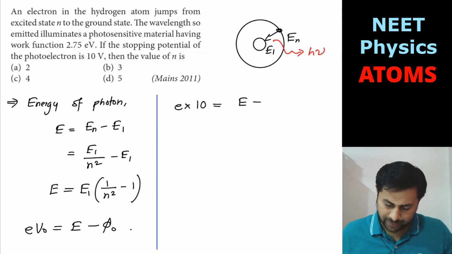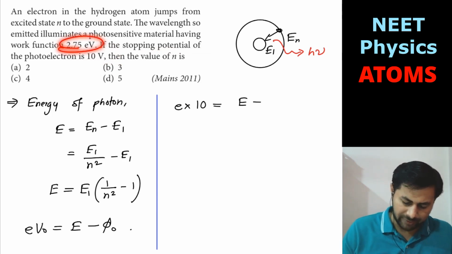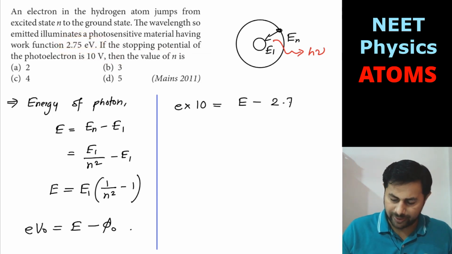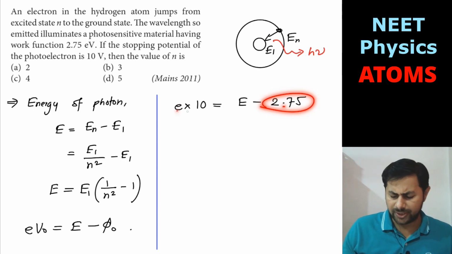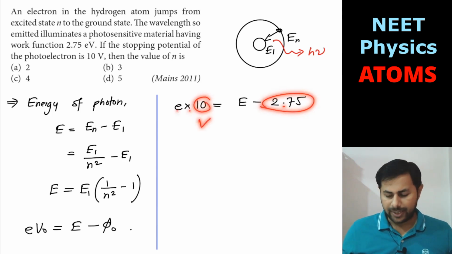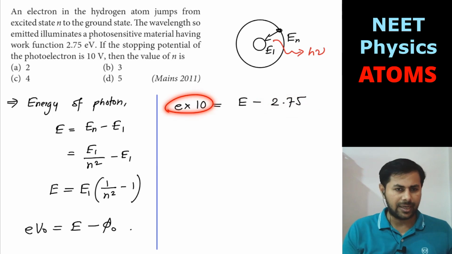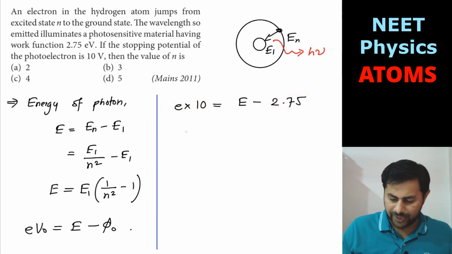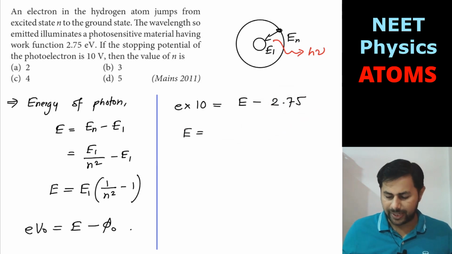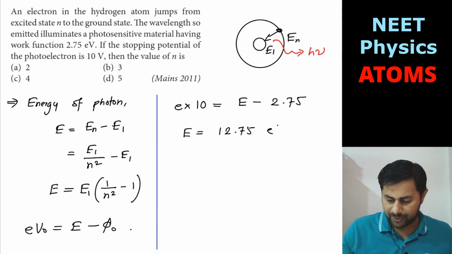Phi naught is 2.75 electron volts. So that means the energy is 10 electron volts. Take this 2.75 on this side, so you get E equals 10 plus 2.75, that means 12.75 electron volts.